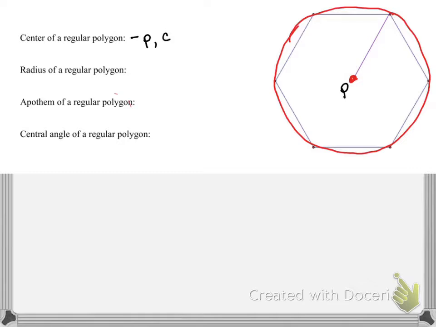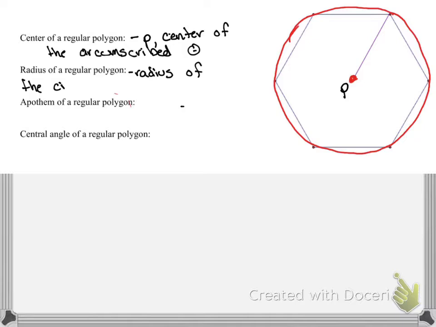So the center of a regular polygon would be point P. It's really the center of the circumscribed circle. And the radius of a regular polygon is again the radius of the circumscribed circle.